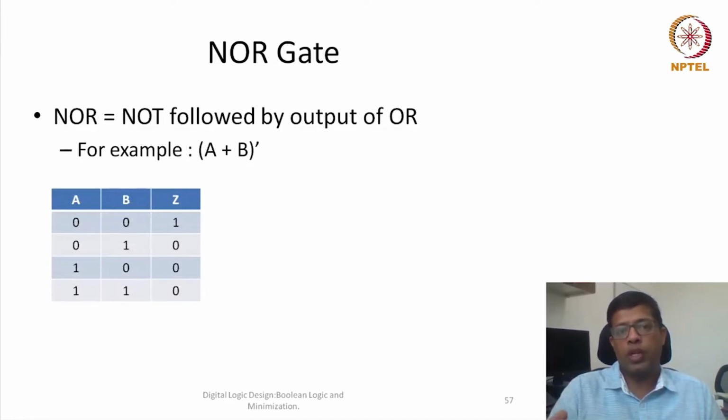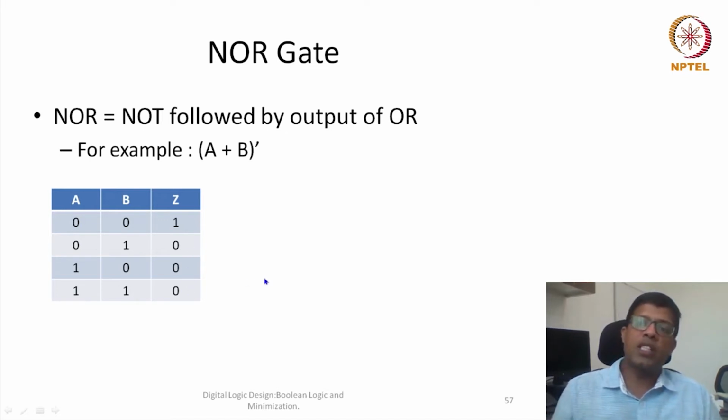It is exactly the opposite of the output of the OR gate. In the OR gate, when 0 and 0 are ORed, the output is 0. Here the output is 1. In all other cases, when any one of the inputs is 1, the output used to be 1 in the OR gate, but in the NOR gate the output is 0.